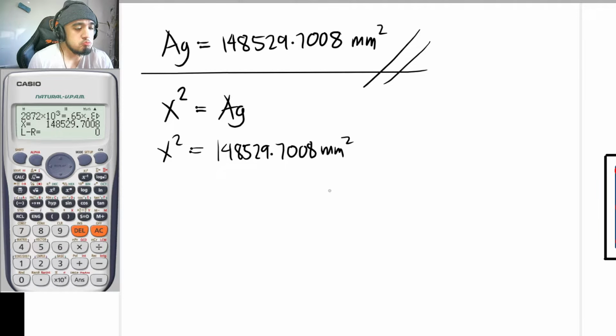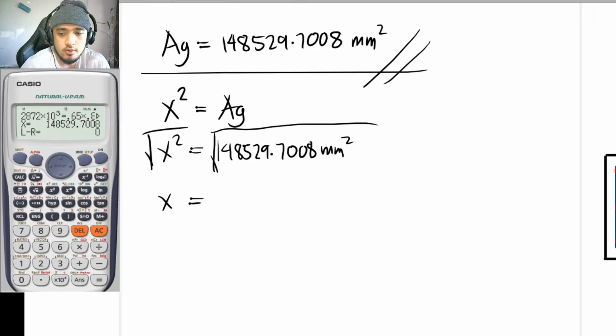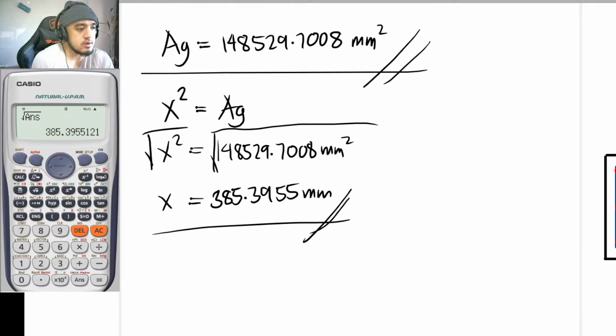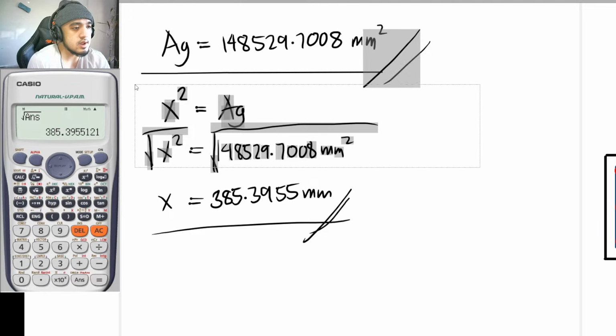Solving for x, we just get the square root of the whole equation. And with that, our x is now equal to the square root of the answer, so our answer should be 385.3955 millimeters. Okay, so there, and I would just be erasing this.